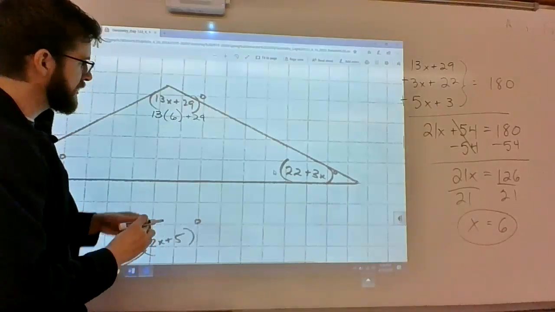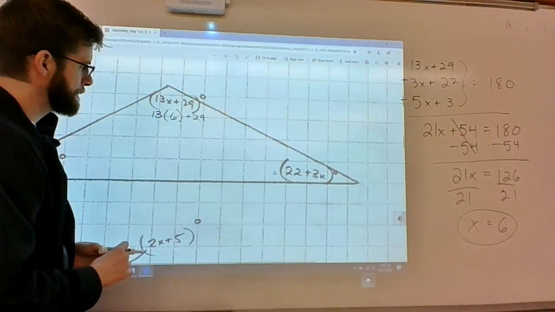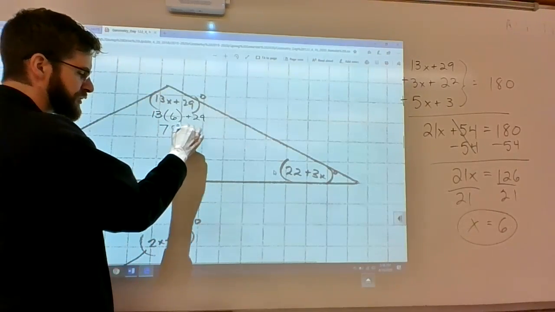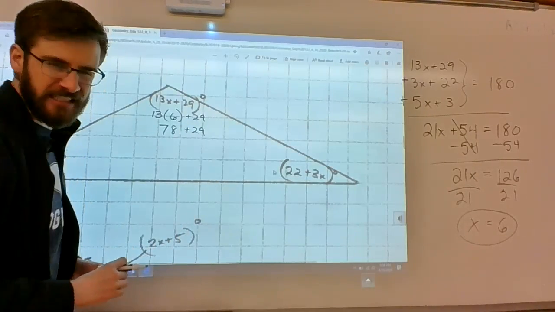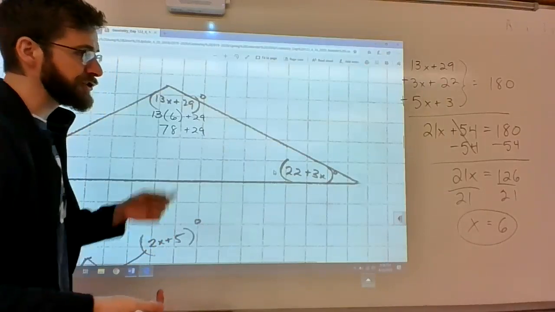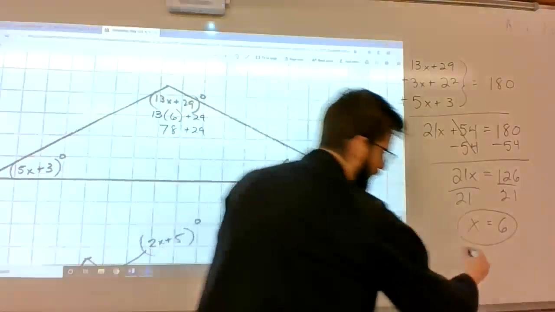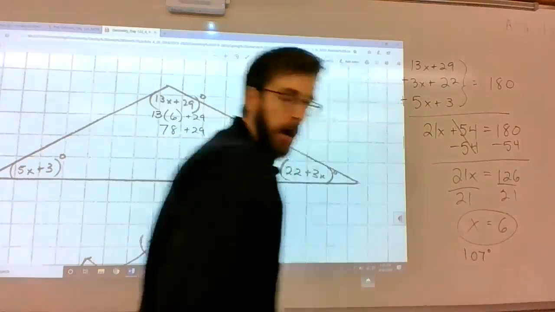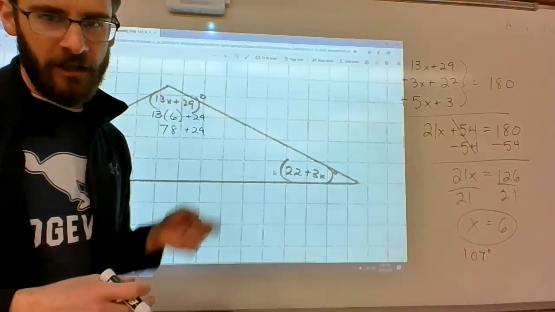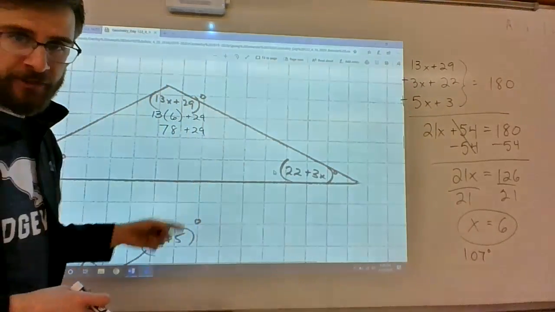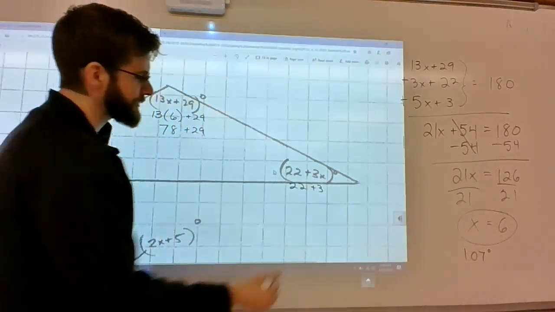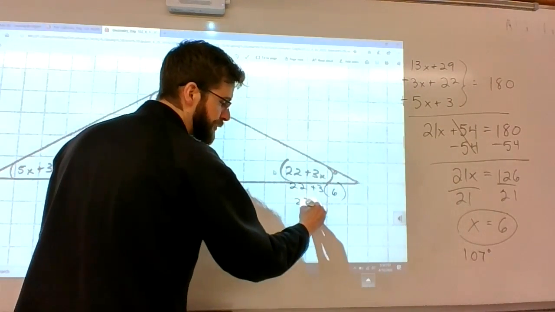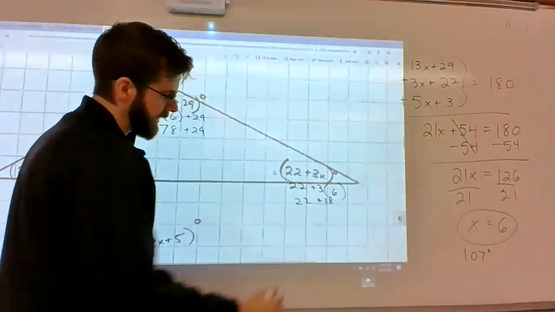That's the degree measure of this angle up here. So that's 78 plus 29. You should get 90 plus 17. That should be 107 degrees. So you got x equals 6, but you also have a 107 degree angle up here. Do the same thing for the others. This is 22 plus 3 times 6. So that's 22 plus 18. That's 40.